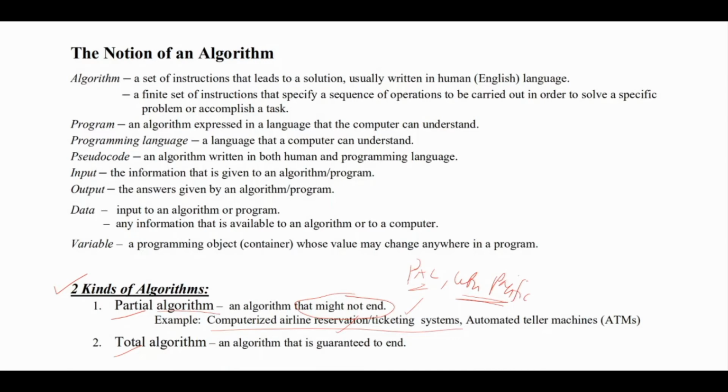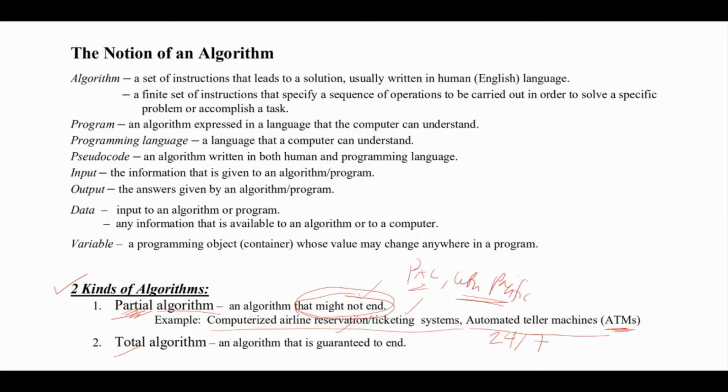Another example is the programs running on ATMs, automated teller machines, right? These ATMs are running 24/7. So the underlying algorithm of those programs running on ATMs are partial algorithms because they are intended to run 24/7 and they might not end.